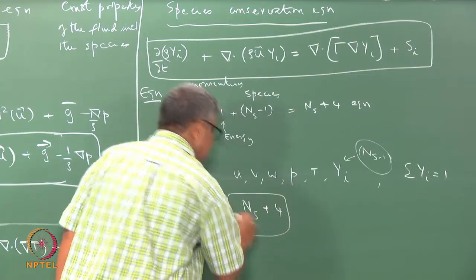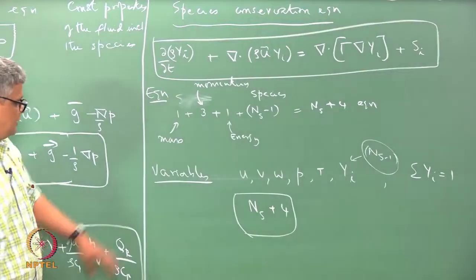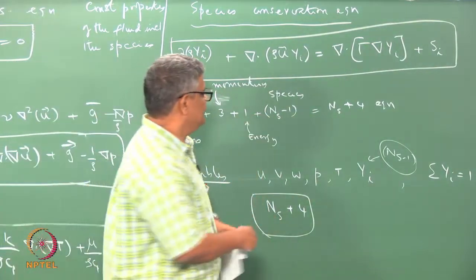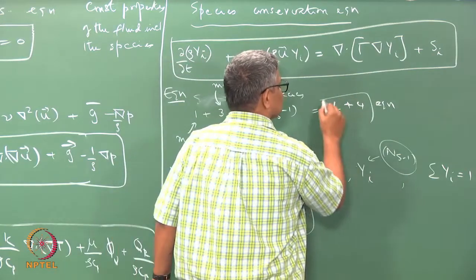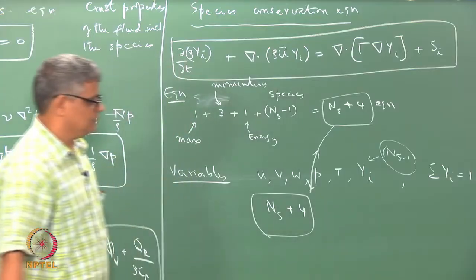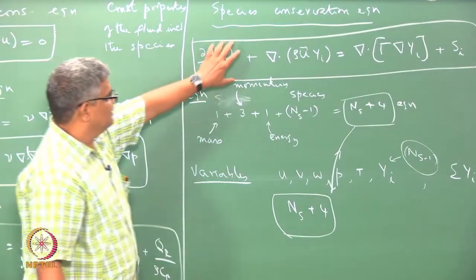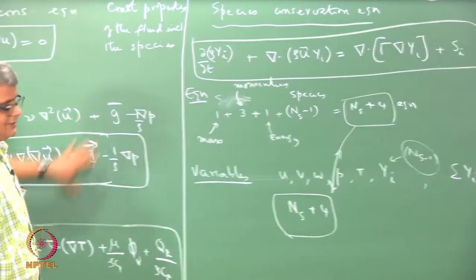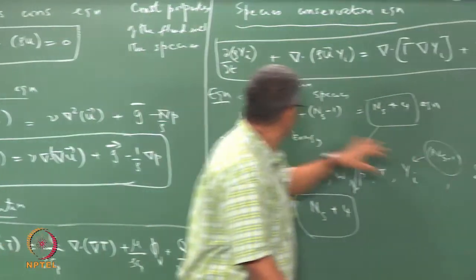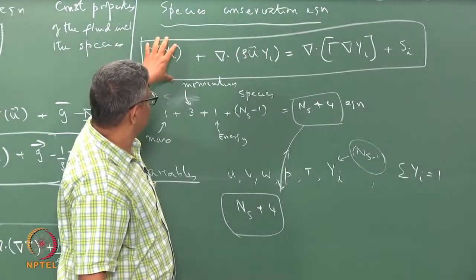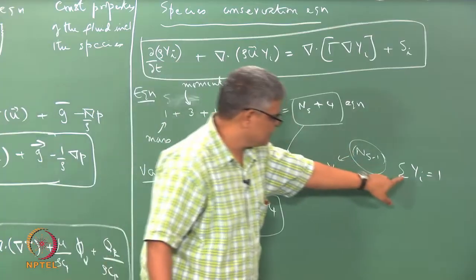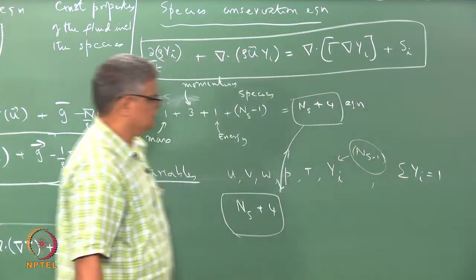So this total number of unknowns is ns plus 4, and the number of equations that are available is also ns plus 4. So these two are the same. We have these 4 equations plus the condition, since we have put the species balance equation in terms of the mass fraction, that all the species will have to add up to a total of 1.